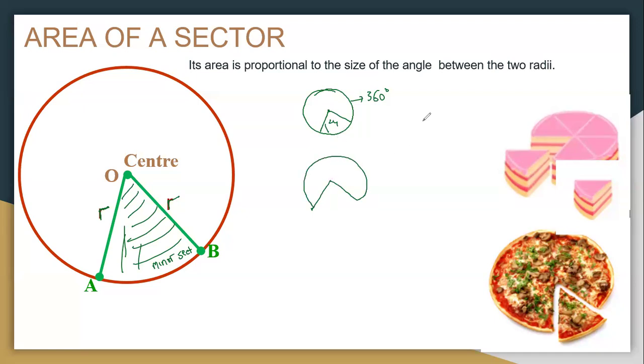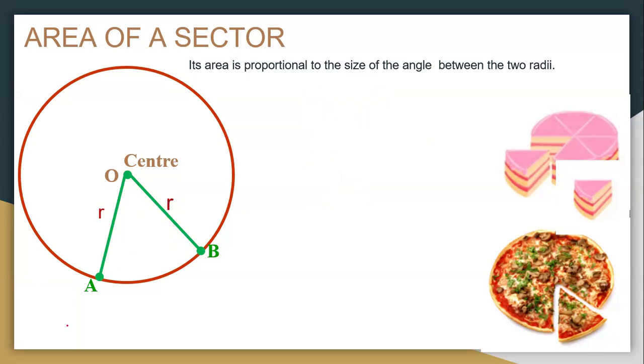So if this small portion I've cut out is maybe 60 degrees, it means that the number of degrees remaining for this particular one is going to be 300. So whenever we are finding the area of a sector or of segments, we are going to be using angles to know how much portion has been removed. Is it half? Is it quarter? Is it 3/4? Such that we know how much area is going to remain.